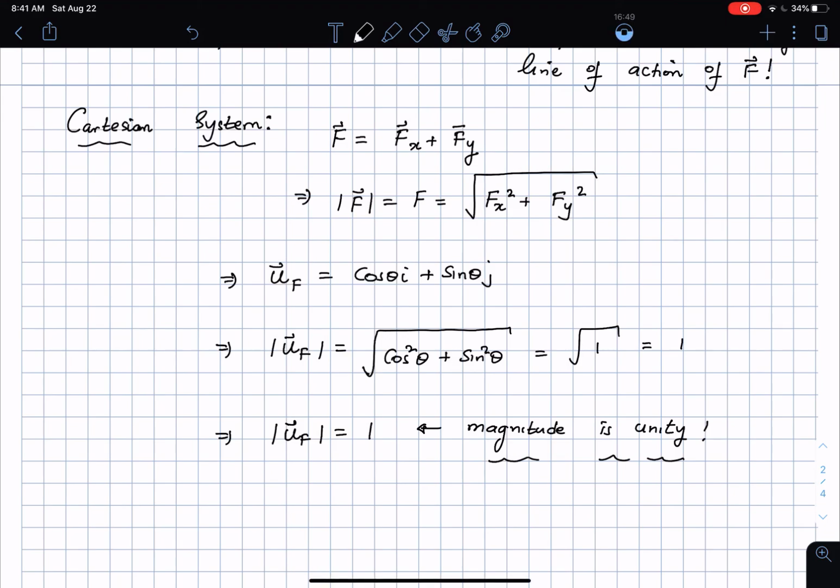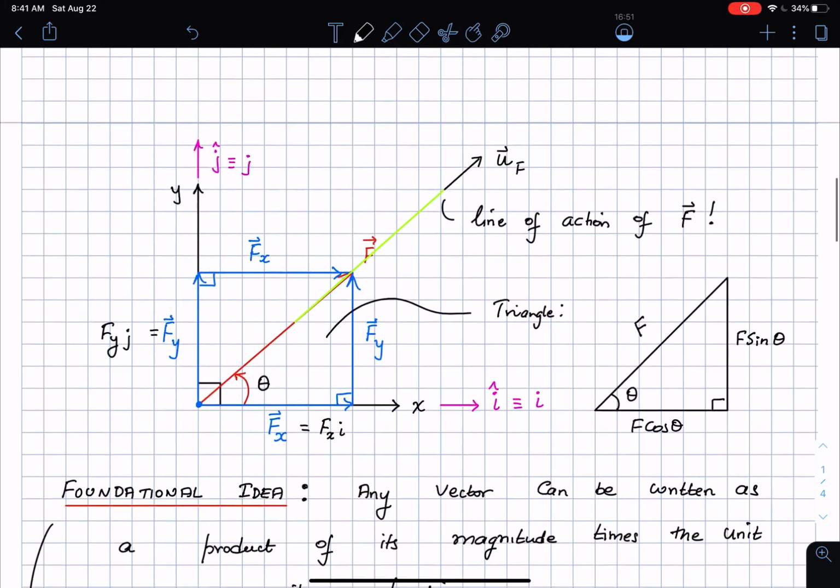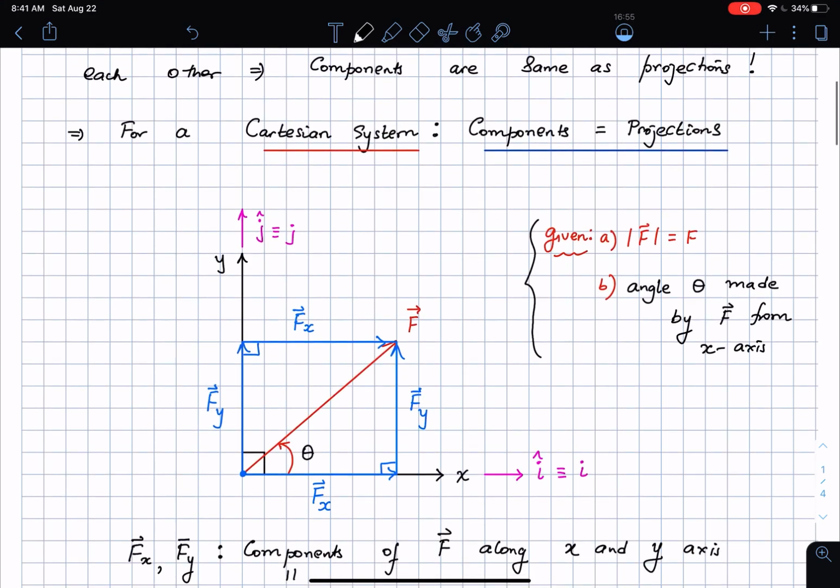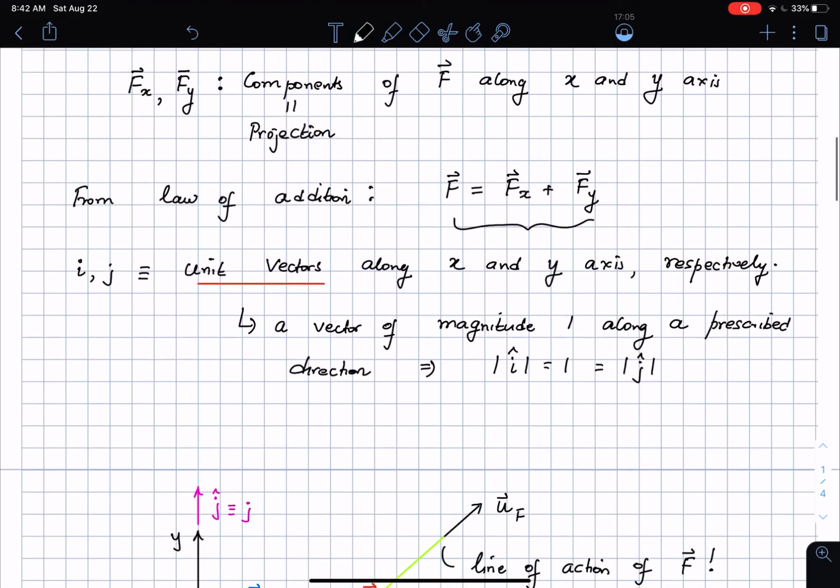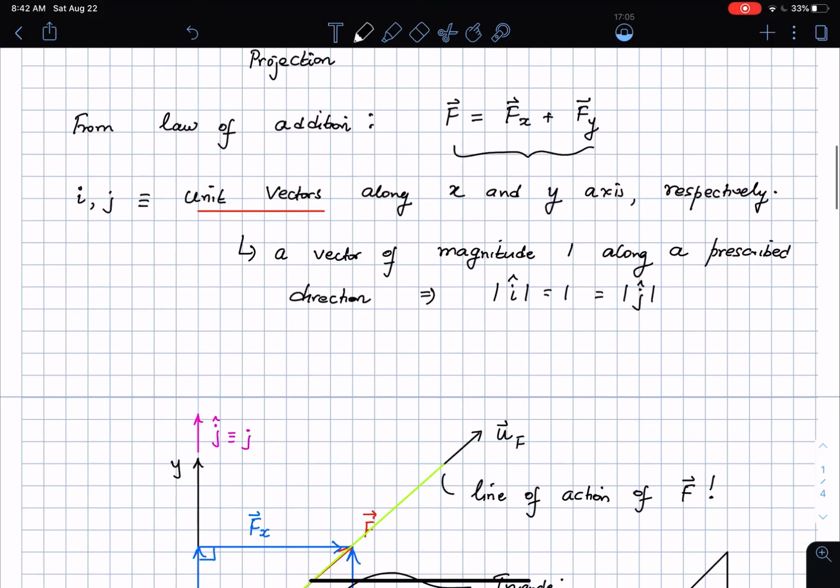Alright, so that was the big idea for this particular concept talk: I start off with a Cartesian coordinate frame, which is x-axis and y-axis 90 degrees to each other. I take a vector, its projection and components will be the same in the Cartesian frame, as you can see here. And then I can write this vector in terms of unit vectors i and j.